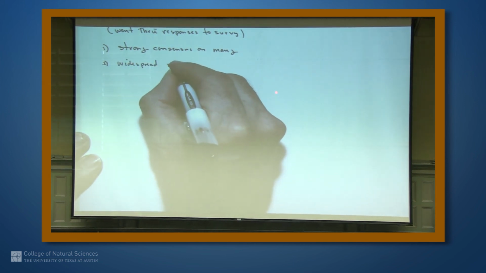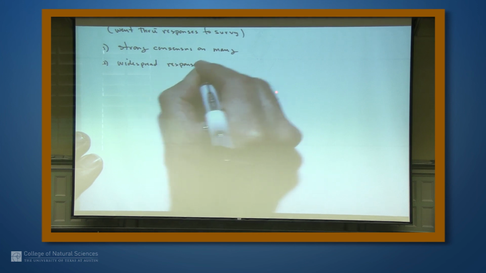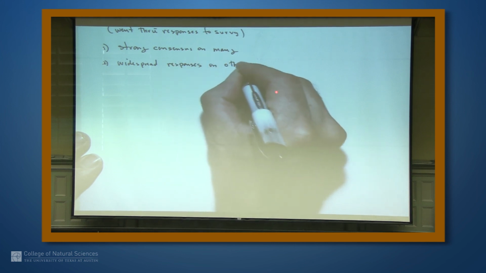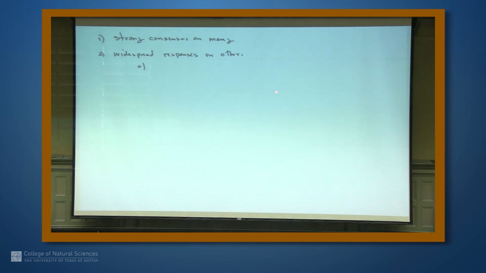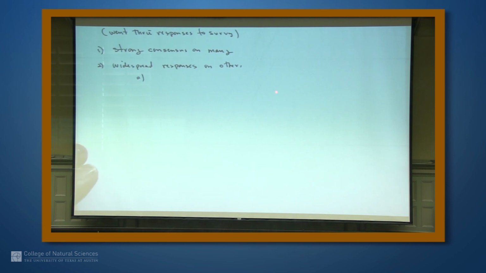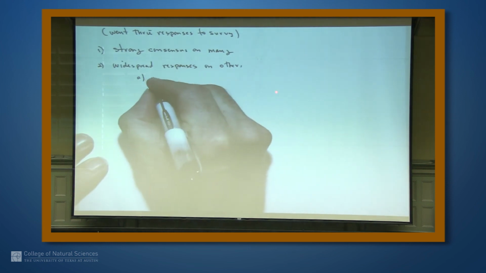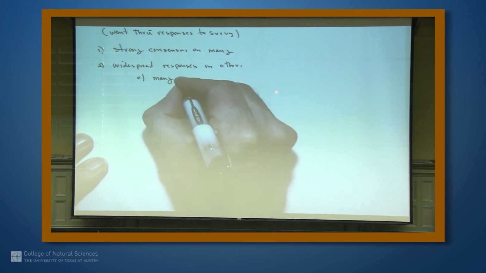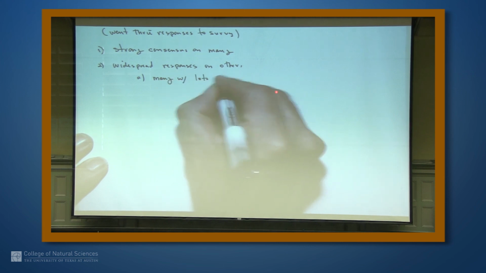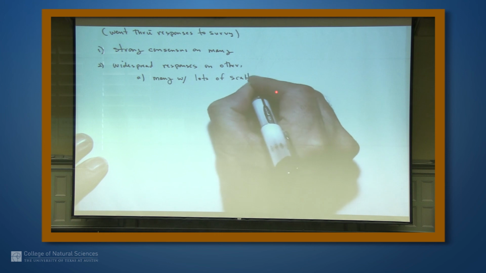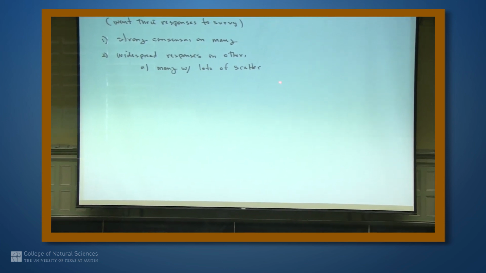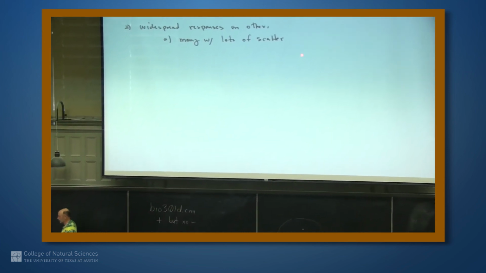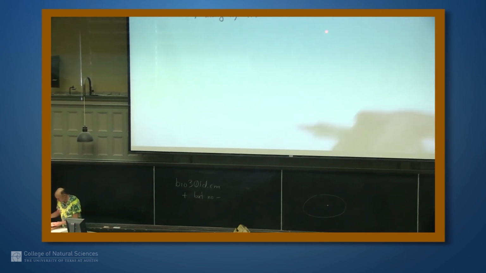Widespread responses on others. And there are a couple different categories we talked about, or distributions. Many with lots of scatter. And so what we see with those is that overall there's population uncertainty, but some individuals are absolutely sure, others sure that it's true, others that are sure that it's false.